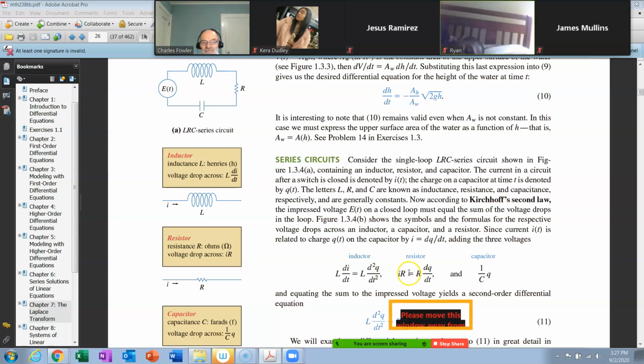I times R is just I times R, except I is the change of charge with respect to time. Capacitor, on the other hand, relates only to the charge. So this would then be a first order equation. This is a zero order equation, first order equation, second order equation.